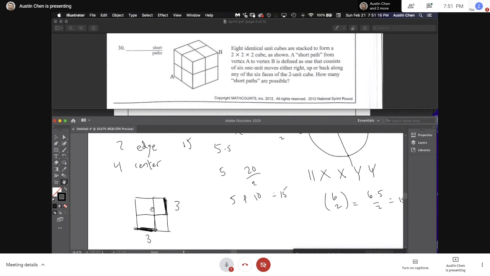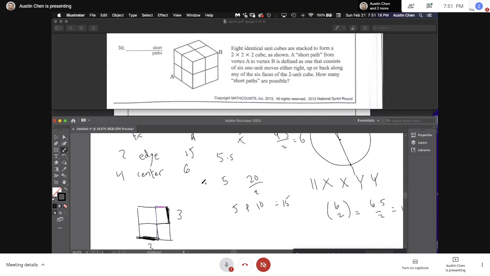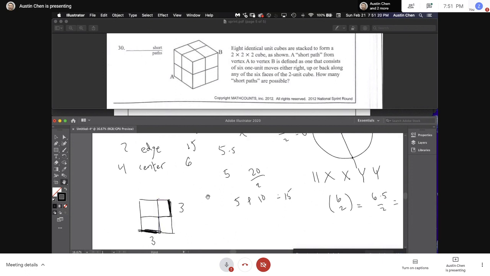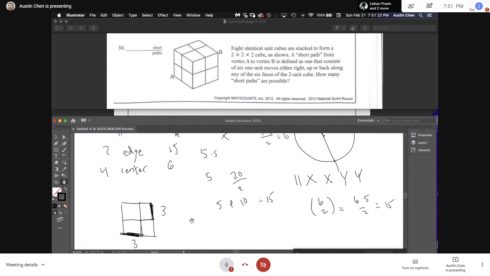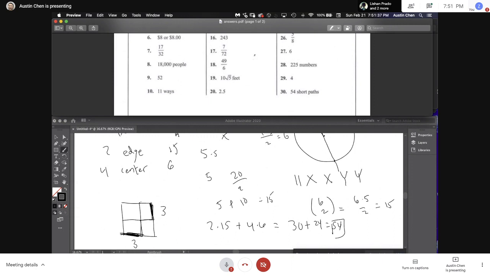So in total for our center path, we have 6 cases. Then we just multiply these numbers. We're going to have 2 times 15 plus 4 times 6, which is 30 plus 24, which is then 54. And this is our answer.